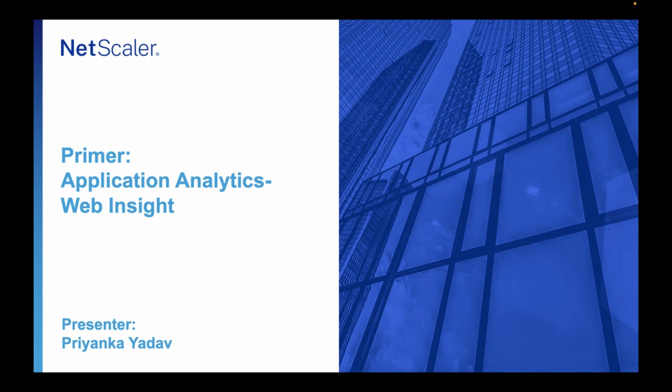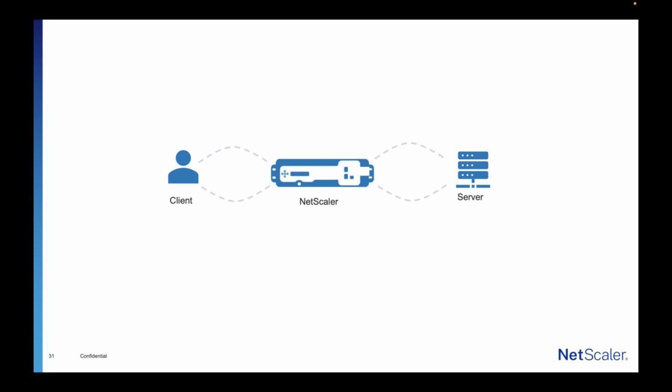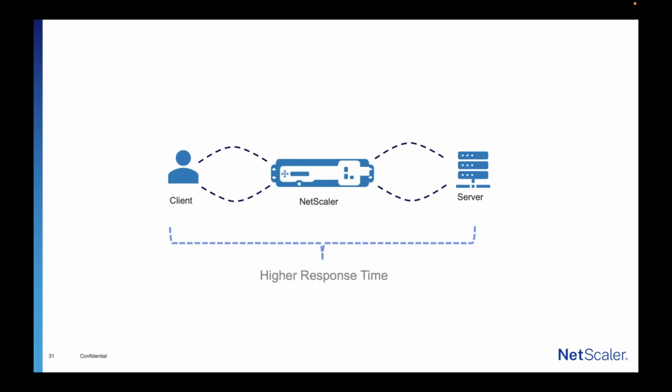Now today, like you know the drill, we'll talk about the problem first. Any network communication has a few actors: the client, NetScaler in between, and then the server. If any issue occurs in this network communication, it can be because of client-side network latency, or some issue related to NetScaler, or the issue can lie on the server side.